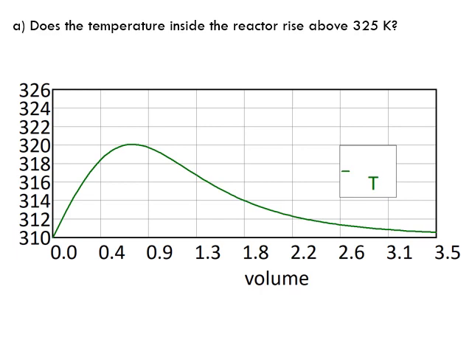Let's look at the temperature profile inside the reactor. We see that the temperature inside the reactor does not exceed 320 Kelvin, so it does not exceed our limit of 325 Kelvin, which is great. That's what was needed, right?